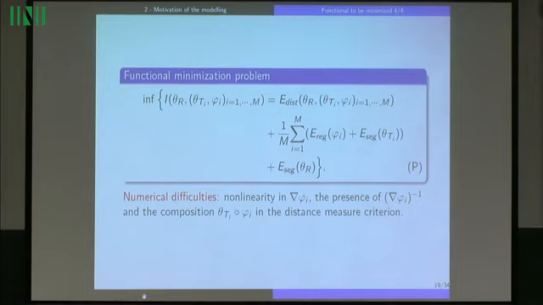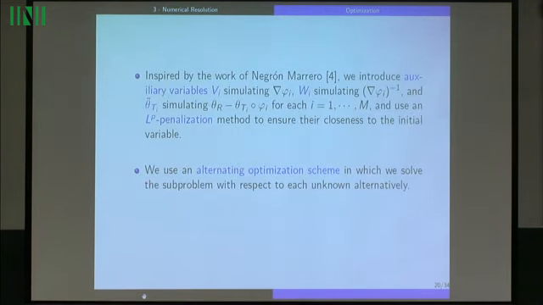And one can prove that this problem admits minimizers in suitable functional spaces, but I won't go into the details here. And the numerical difficulties to solve this problem come from the fact that there's a nonlinearity in the Jacobian of phi I. There's also the presence of the inverse Jacobian and the composition theta Ti composed with phi I in the distance measure criterion. So how do we propose to lift these drawbacks?